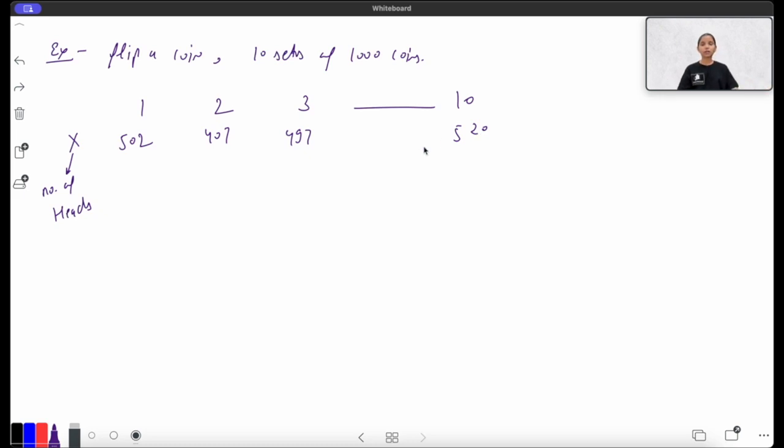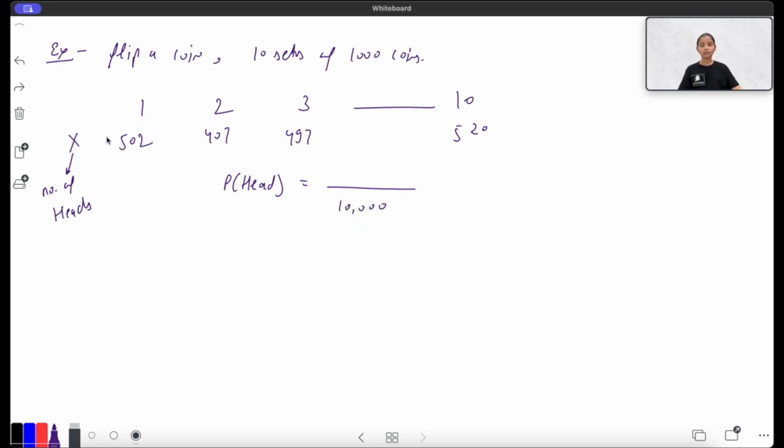Now what do we want to calculate? We want to calculate the probability of head. So when you have performed the experiment 10 sets of 1000 coins, what is the total number of possible outcomes that you can have? 10,000, right?